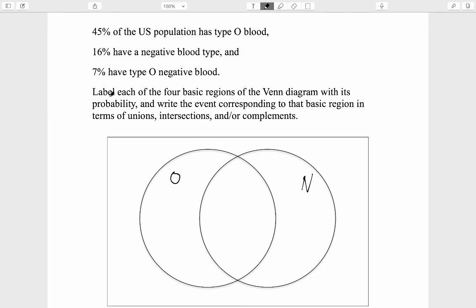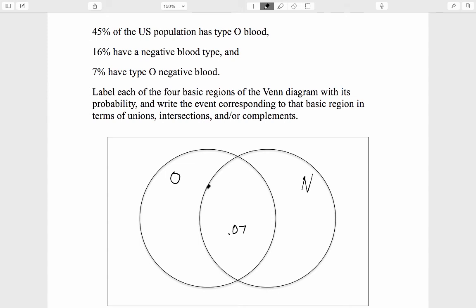Let's notice that the only number that's been given here, which is the probability of a single basic region, is this last one, the 7% chance that our randomly selected donor has type O negative blood. That's a 0.07 probability that gets written into this overlap region.